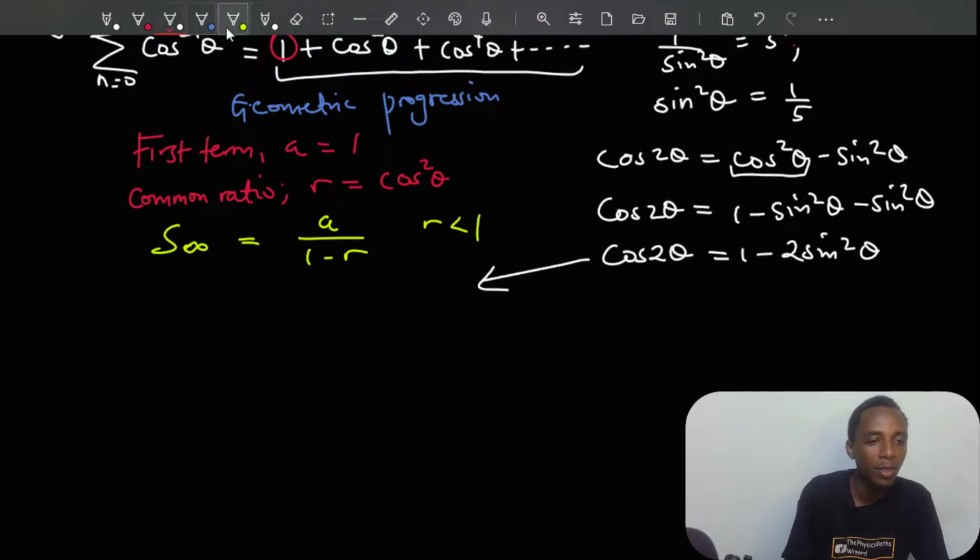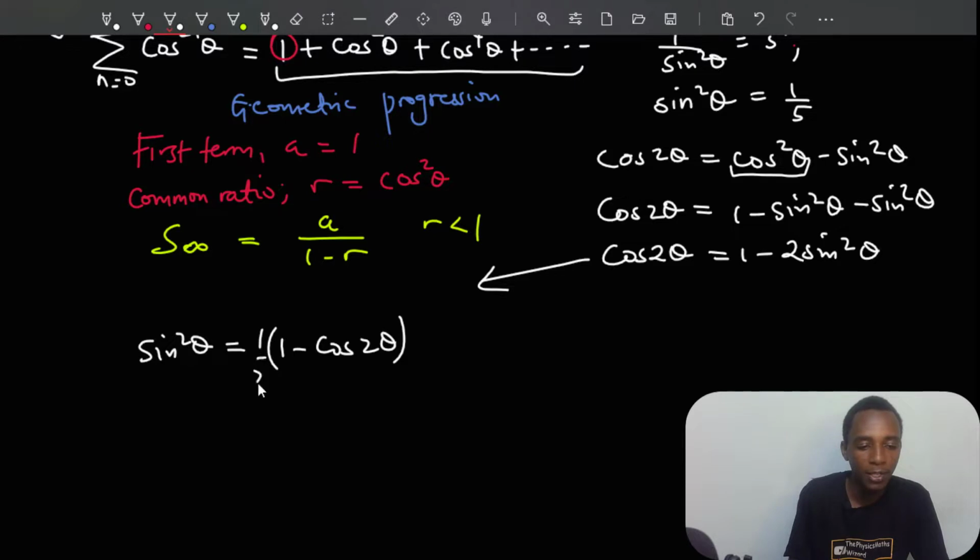So from here, sine squared theta is going to be 1 minus cos 2 theta, and then there is a factor of 1/2.